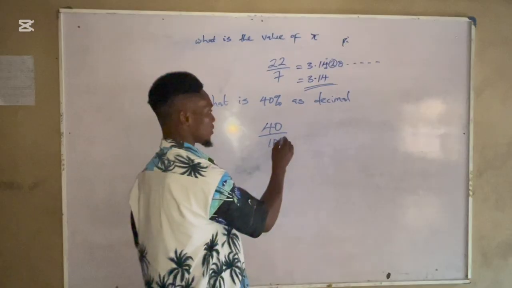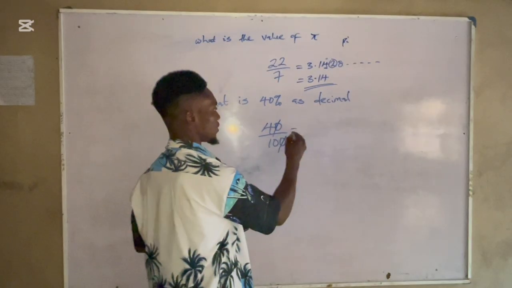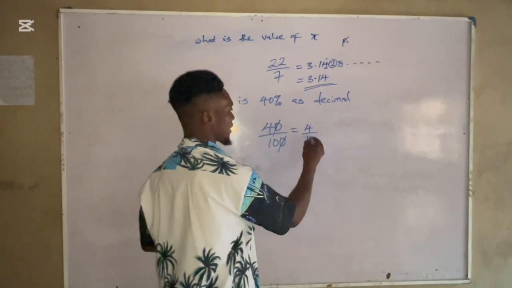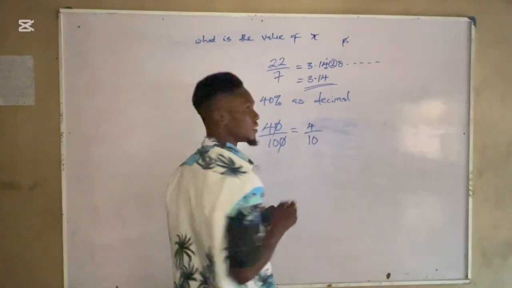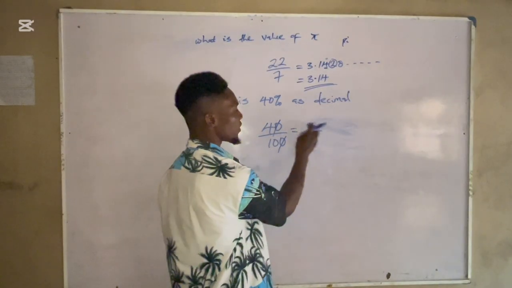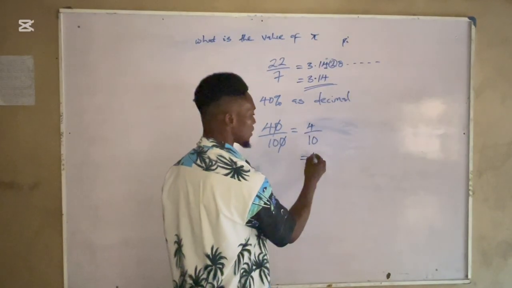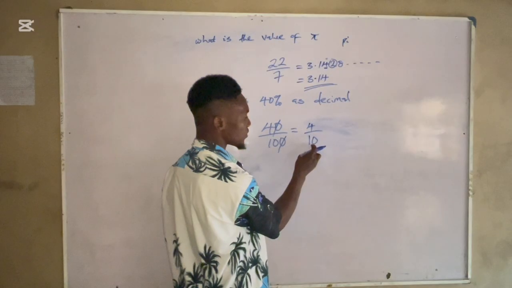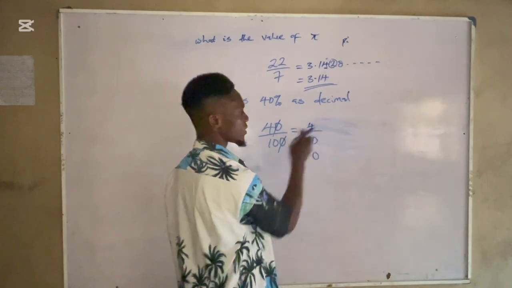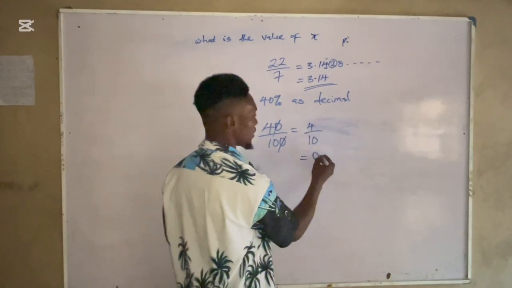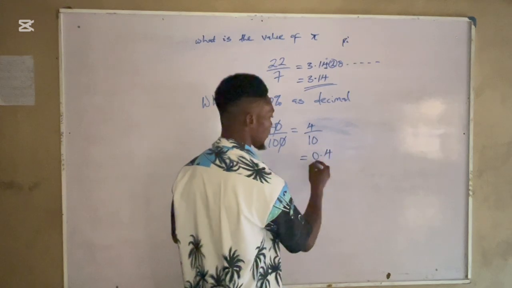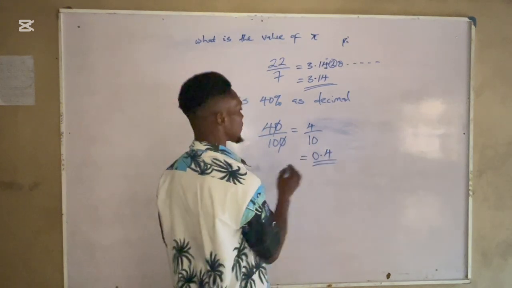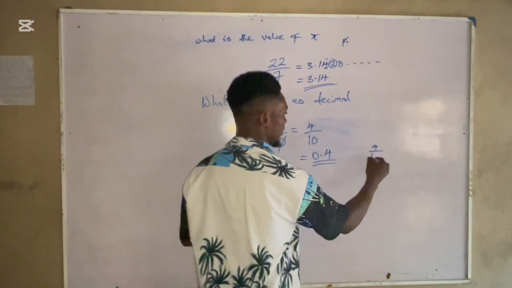Then we cancel out 0 here, we cancel 0 here. We have 4/10 left. When you reach 4/10, 4 divided by 10 means we need to see 1 zero before the point with the number up. That is 0.4.